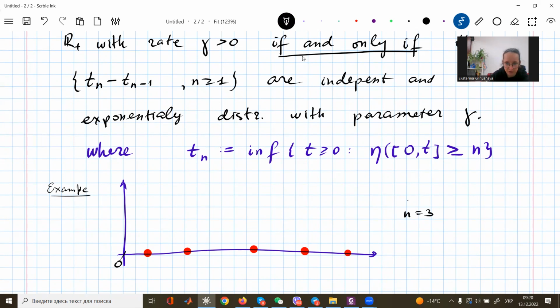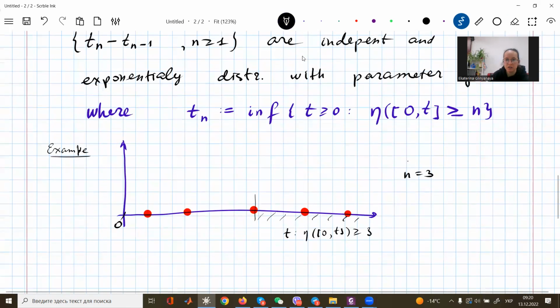So here is t such that eta of 0 t is greater or equal than 3. So I just take the infimum. So this is exactly T3 as a definition.